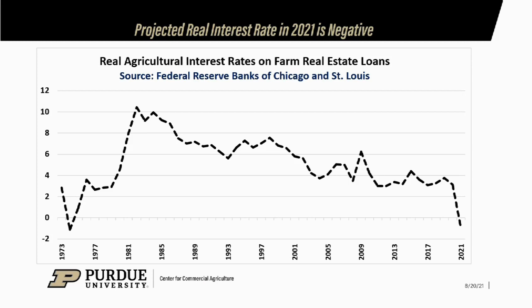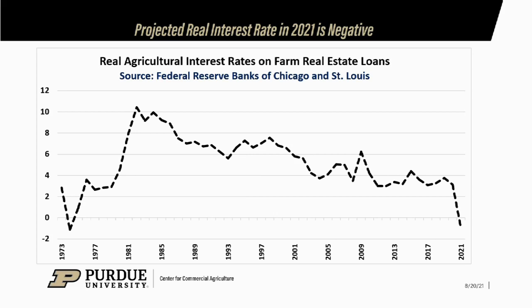All indications in 2021 are that we're going to exceed 5%. We're already at 2.5% just in the six months from January to June, and most economists are thinking perhaps 5% or even 6% inflation. You combine those low interest rates with 5% inflation, and you start getting a negative real interest rate, and of course that's very positive for land values.